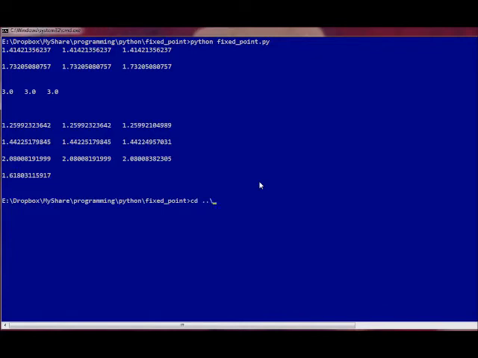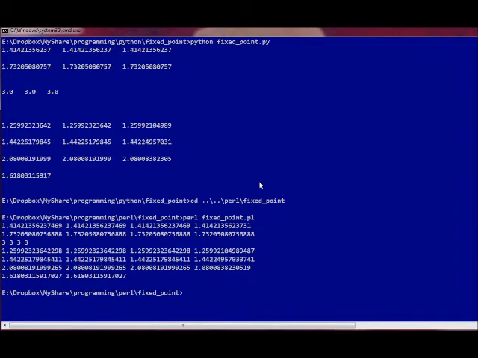Okay, let's cd into the directory with the Perl implementation of the same concepts. So let's run this file. Okay, and these are Perl's numbers. The first three are ours, and then the fourth is Perl's.